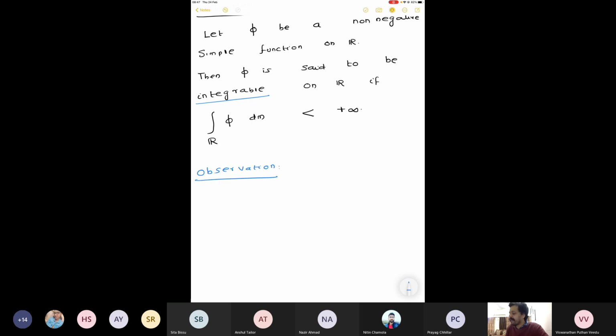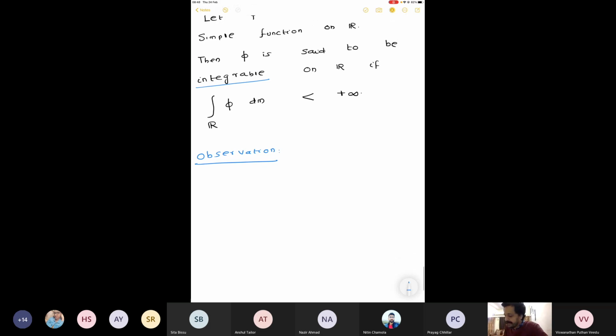And remember, while defining the integral of a simple non-negative function, we seek help of the canonical representation. Starting from the canonical representation, we wrote what the integral is. Keep that also in mind. But the same simple function may be expressed in a different way. We are defining the integral only via the canonical representation.